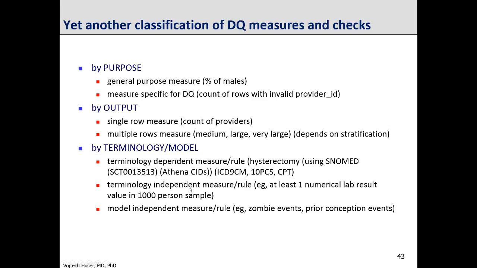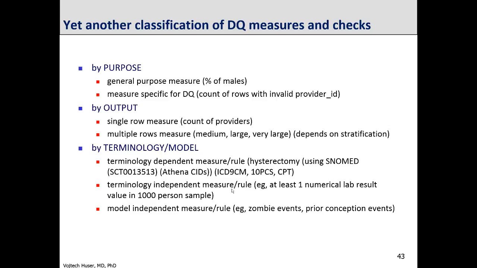Another dependency is the dependency on the model. So if I check that I expect at least one numerical lab result per 1,000 person sample, if it's a high quality data set with lab results, it is dependent on the notion of what you consider a lab result, and where you look for lab results, in the measurement table, for example, in version 5.